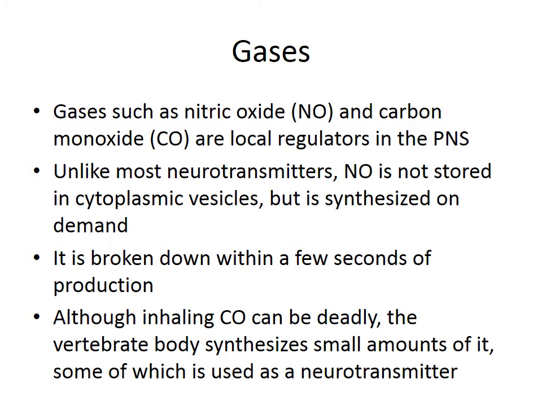You can't keep it, so you have to make it when you need it. It is broken down within a few seconds of production, and although inhaling carbon monoxide can be deadly, the vertebrate body synthesizes small amounts of it, some of which is used as a neurotransmitter. So small amounts are okay of carbon monoxide, but not for nitric oxide.